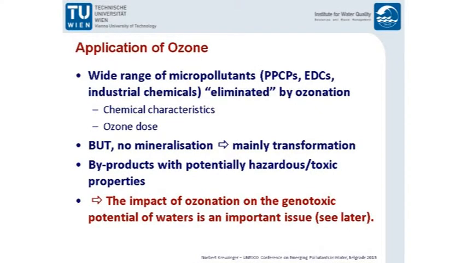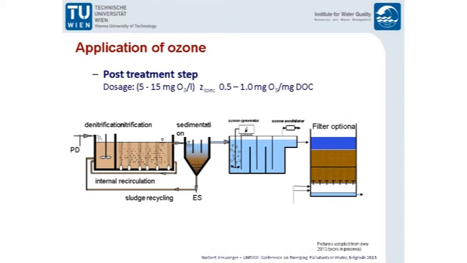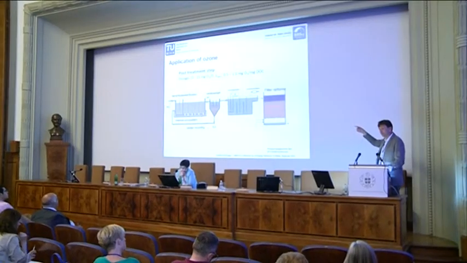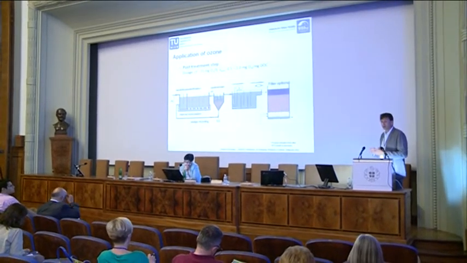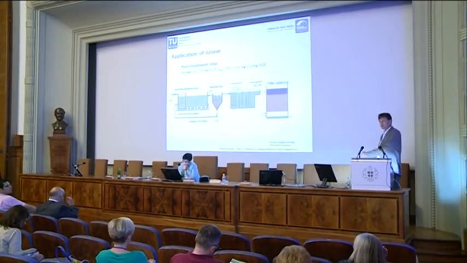We usually nowadays apply between 0.5 and 1 milligram ozone per milligram DOC. Again, why do we not use the dosage in milligram ozone per liter, but in ozone per DOC? Because of the background matrix. When you have a water with very high DOC content, you need more milligrams of ozone. And of course, the production of ozone costs energy, and energy is cost, and cost is money, and someone has to pay for it.